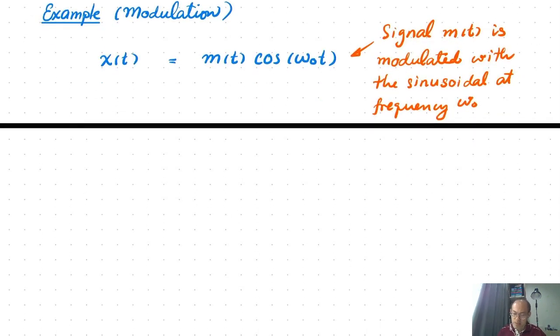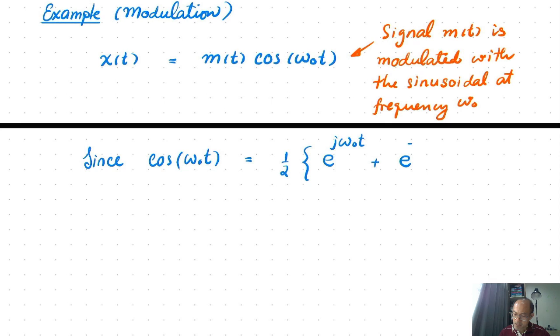Now we're going to look into the spectrum of x of t. We can write cosine in the form of complex exponentials, since cosine of omega 0 t is 1/2 of e to the j omega 0 t plus e to the minus j omega 0 t.